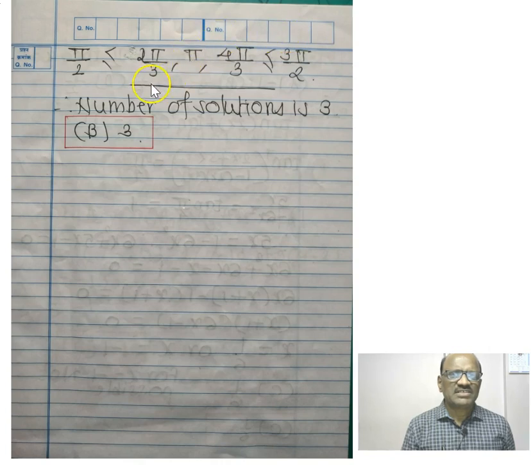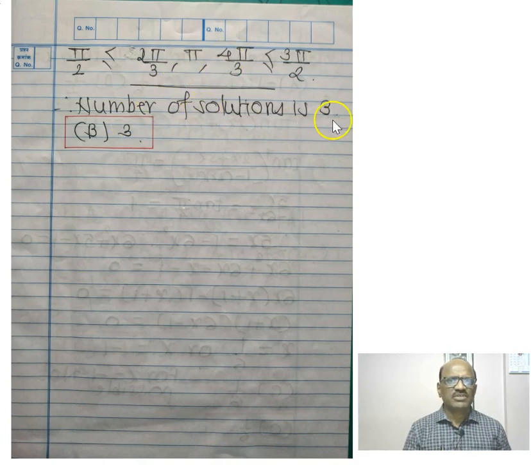In this, these are the values: 2 pi by 3, where the value of cos is minus 1 upon 2; pi, where sin of pi is 0; and 4 pi by 3, where the cos value is again minus 1 upon 2. In this way, we get 1, 2, 3 solutions. Therefore, the number of solutions is 3, and hence option B is the correct one.